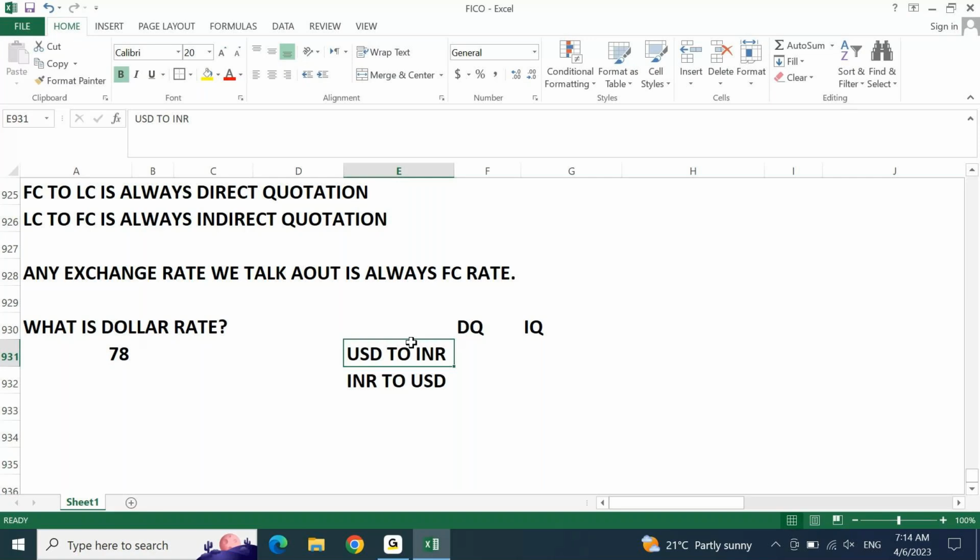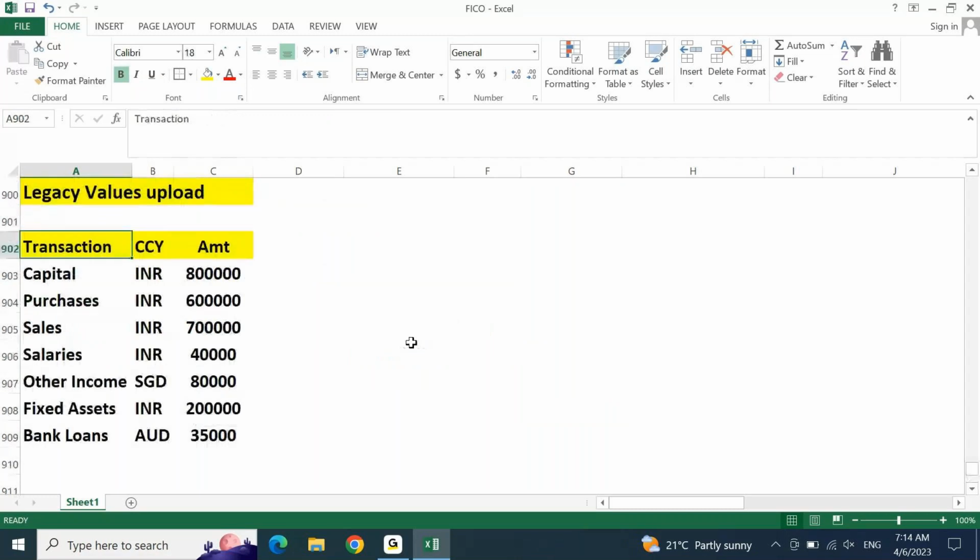Direct. This will be direct. And in case of INR to dollar, this 78 is indirect. Clear? Still any doubt? No, clear. Okay.